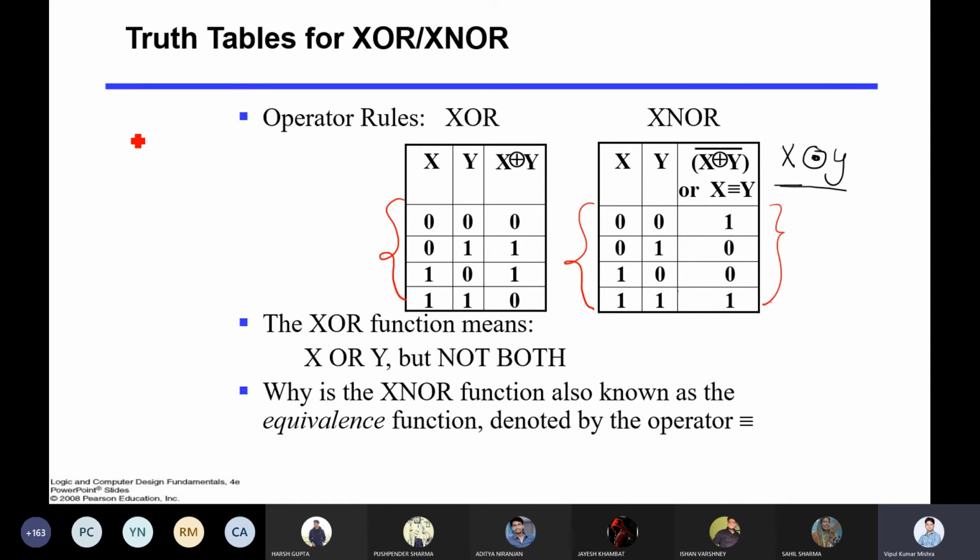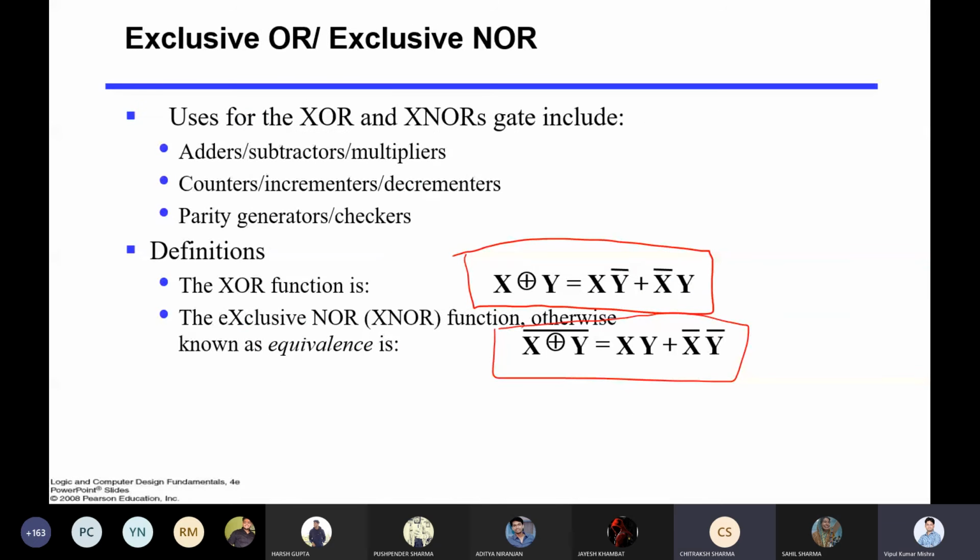Let me give you another example. Sir, how will we make a circuit diagram for XNOR or XOR? Okay, so you have this expression, right? Use this expression to make the circuit. Let me draw it here using normal gates.